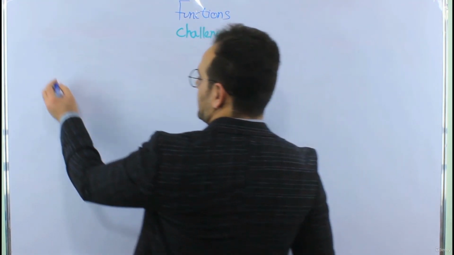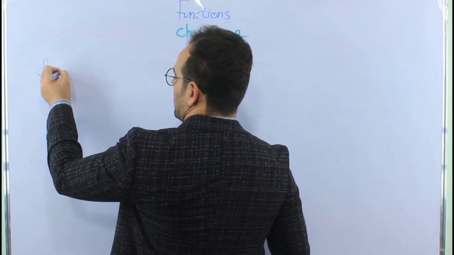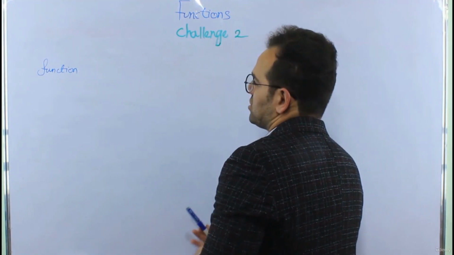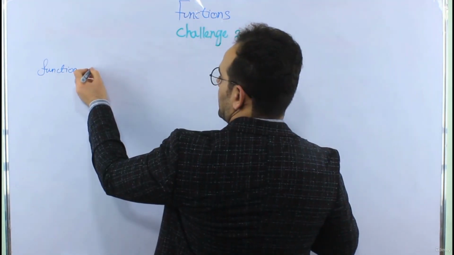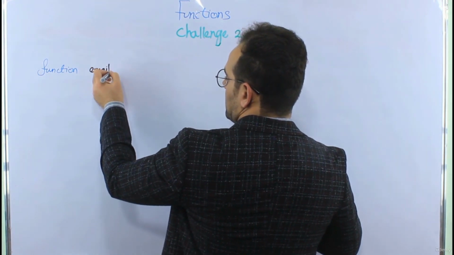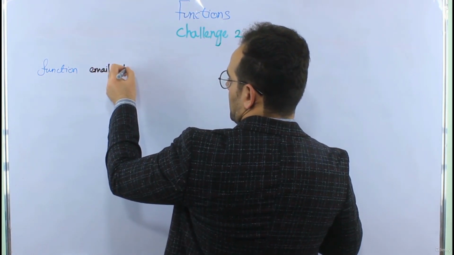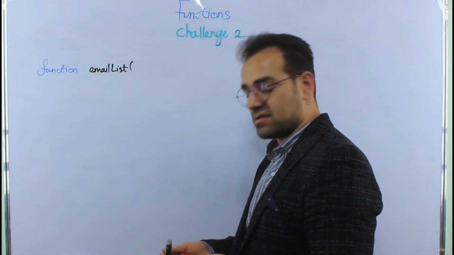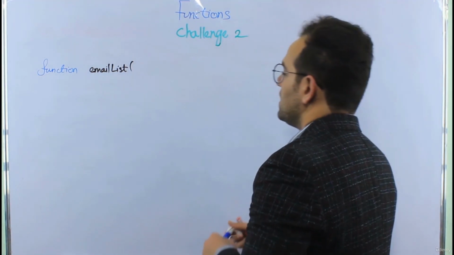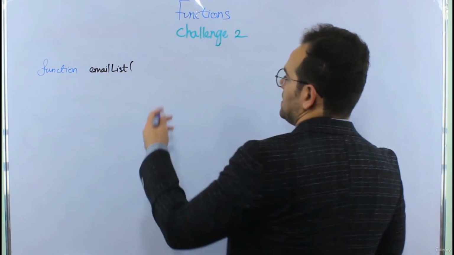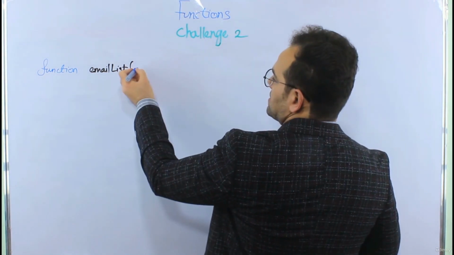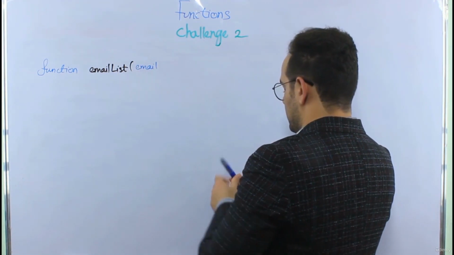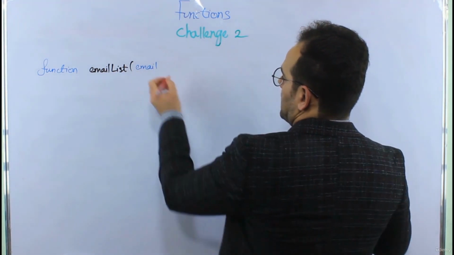Let me create the function keyword itself. So function. The name of the function, I'm going to say emailList. And the task that this function is going to carry out is to grab emails for us. So I'm going to say email, and I'm going to store the emails as a string.